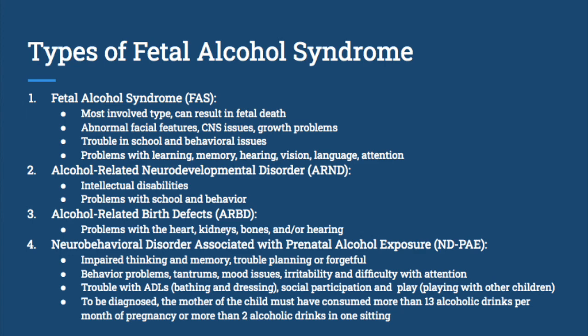And lastly, in neurobehavioral disorder associated with prenatal alcohol exposure, you can see impaired thinking and memory, trouble planning or forgetfulness, behavioral problems, tantrums, mood issues, irritability, and difficulty with attention. You can also see trouble with ADLs, bathing and dressing, social participation and play. To be diagnosed, the mother of the child must have consumed more than 13 alcoholic drinks per month of pregnancy or more than 2 alcoholic drinks in one sitting.